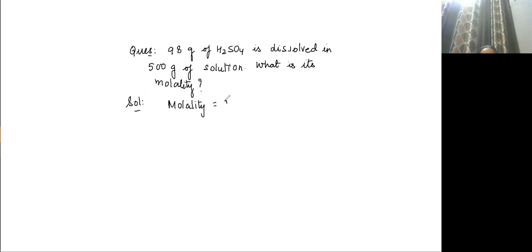Number of moles of solute. In this case, what is solute? Solute is H2SO4, divided by weight of solvent. And what is solvent in this case? Solvent is water. H2SO4 is dissolved in aqueous solution.